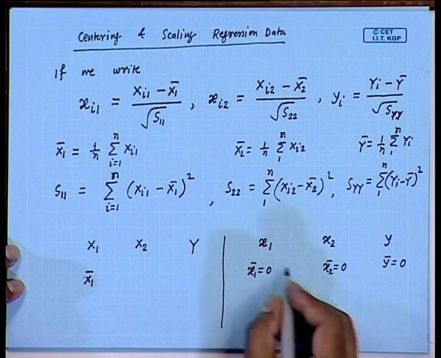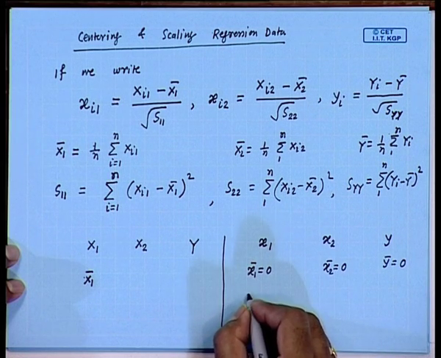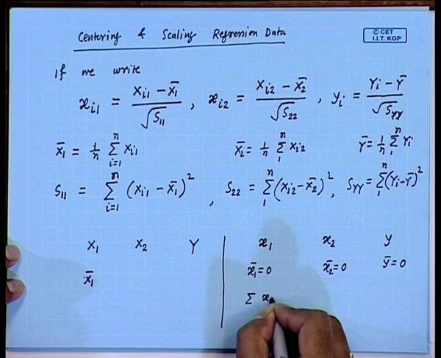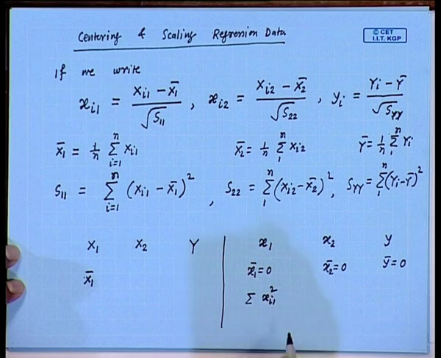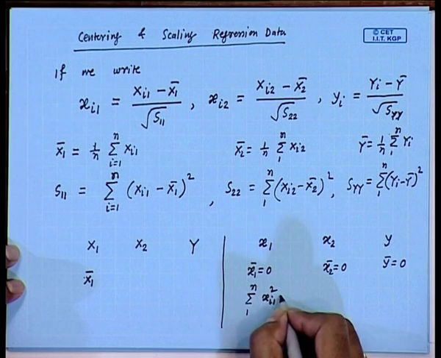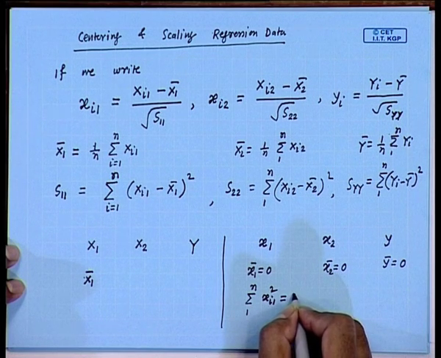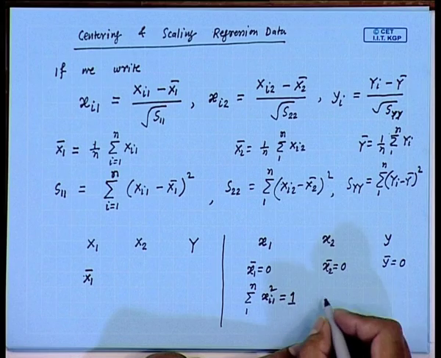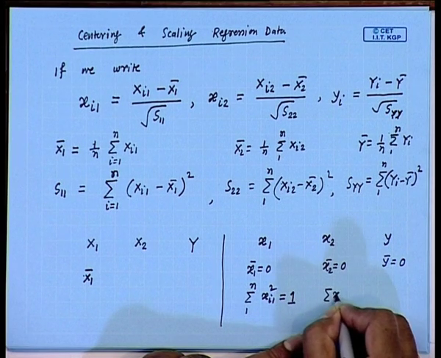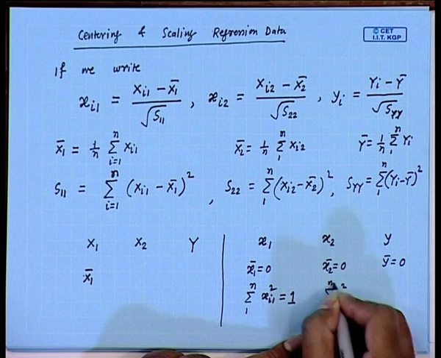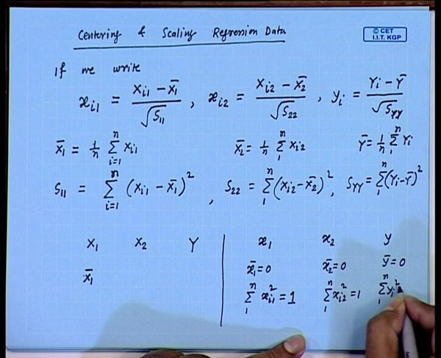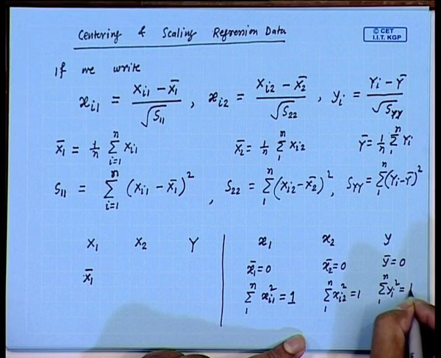And the other thing to observe here is that summation x_i1 square, 1 to n, is equal to 1, and this is also true for the second regressor: summation x_i2 square, 1 to n, is equal to 1, and summation y_i square, 1 to n, is equal to 1.